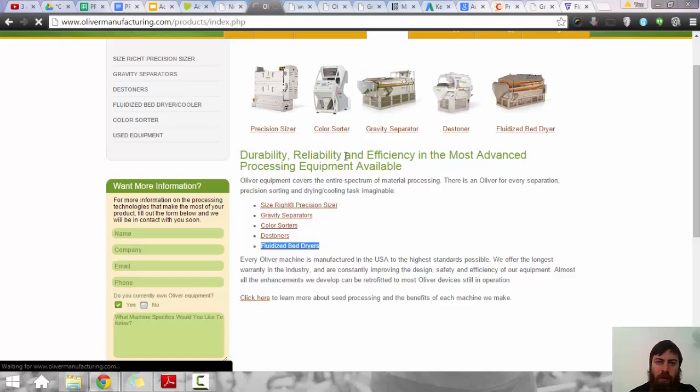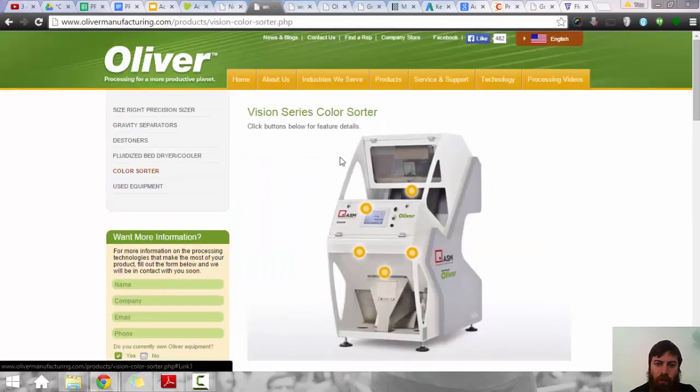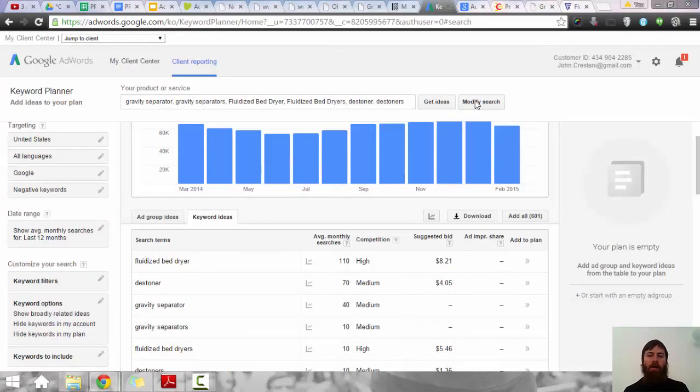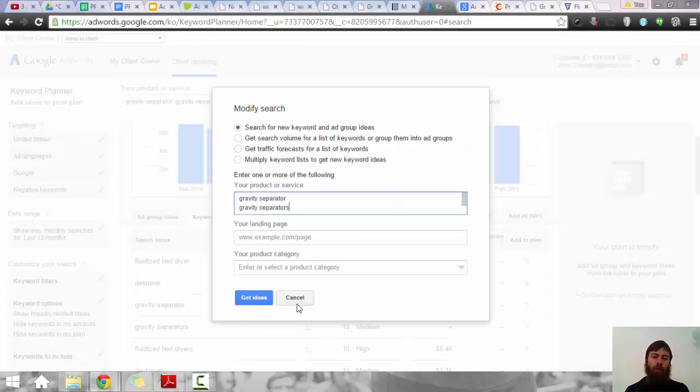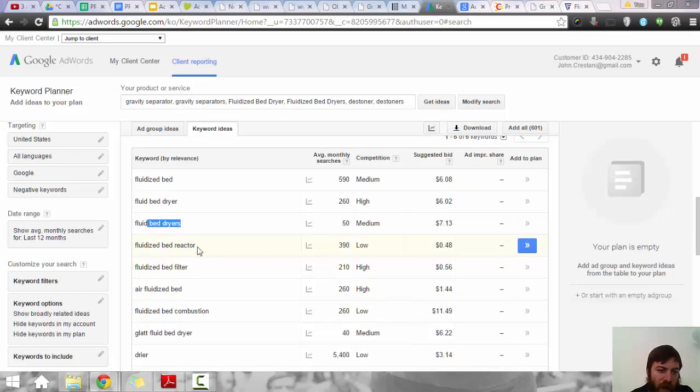Let's see, color sorter. What you'll see here is we have a lot of searches: fluid bed dryer, fluid bed dryers, fluidized bed reactor, fluidized bed filter, fluidized bed combustion.